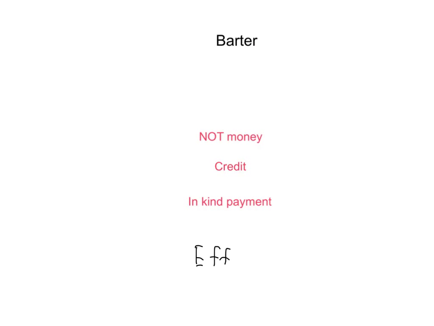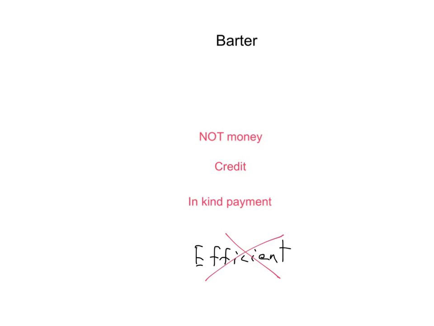This form of payment is not very efficient, because you need to have a coincidence of wants. In other words, I have something, you need to want that exact thing and be willing to trade exactly what I want for that thing. But that doesn't really happen very often. So the number of trades is going to be lower.